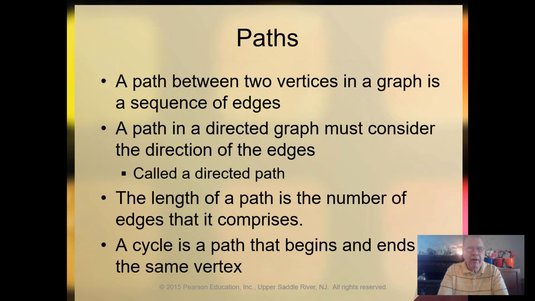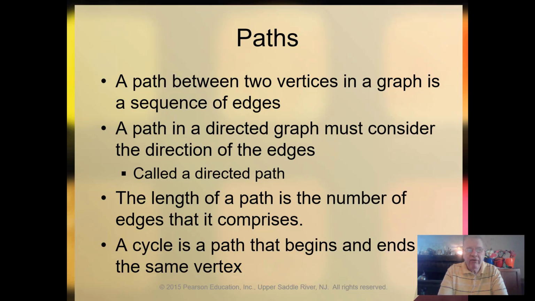So let's talk about a few more definitions. A path is a sequence of edges between two vertices on a graph. Path from A to B, A to C, has to go through B. There are two kinds of graphs. There's a directed graph called a digraph and an undirected graph.